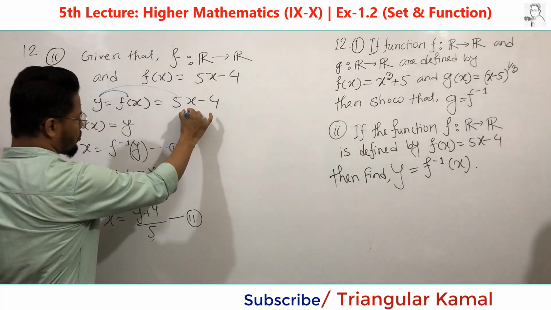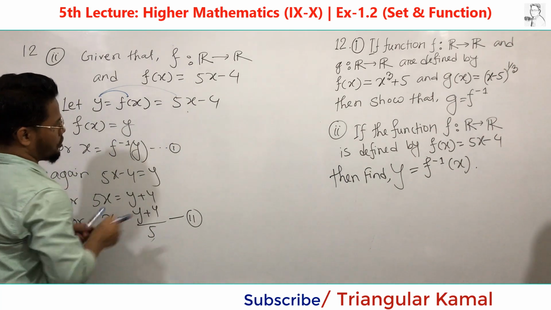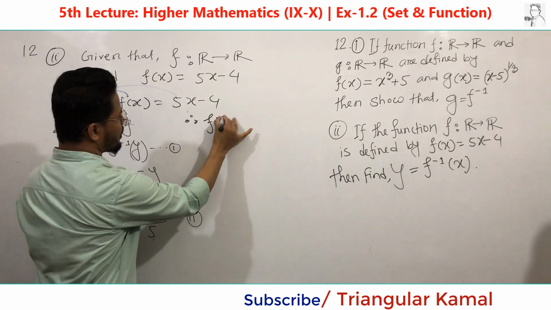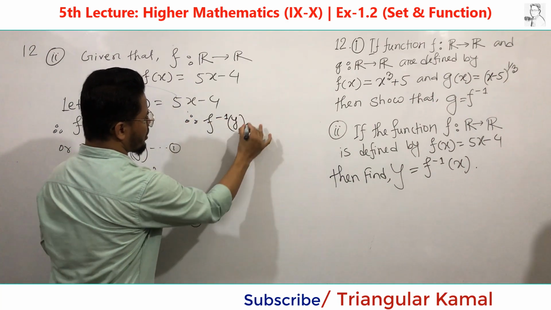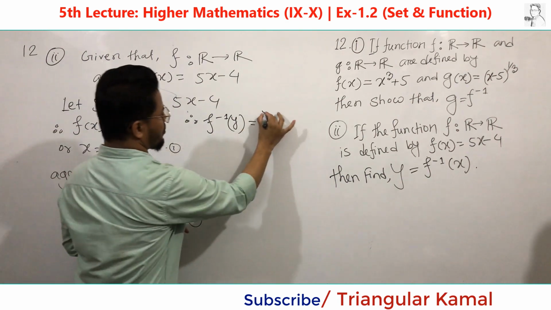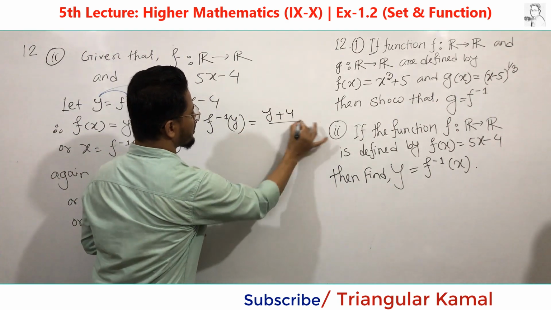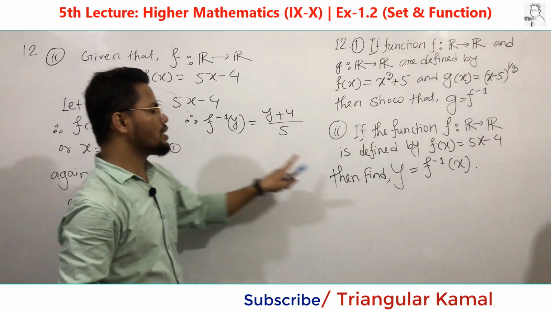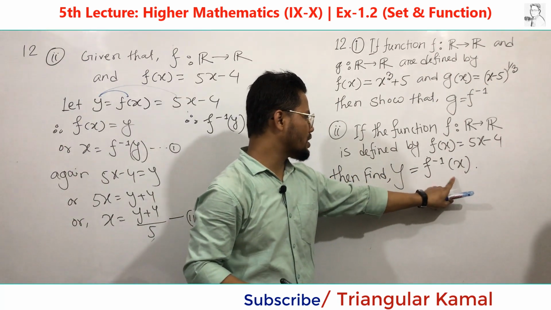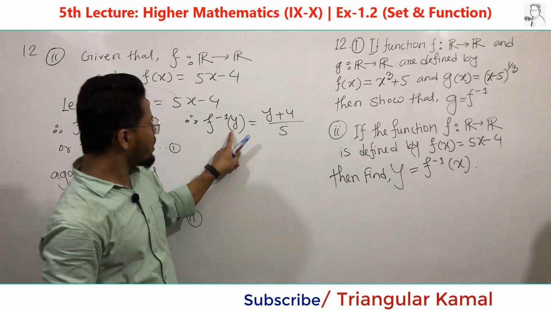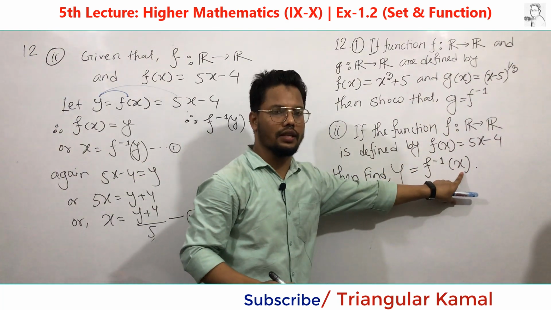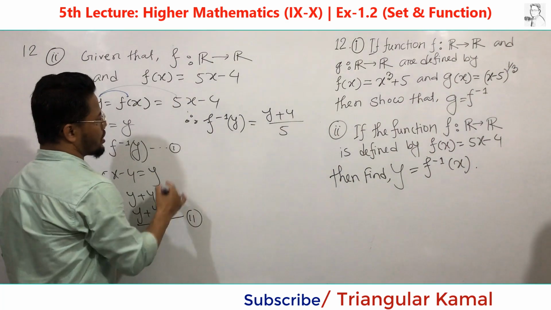So considering equations 1 and 2, we can write f inverse y equal y plus 4 divided by 5. This is the inverse function, which is our requirement, but we see here the variable is y, but the required variable is x. Now change the variable y to x.